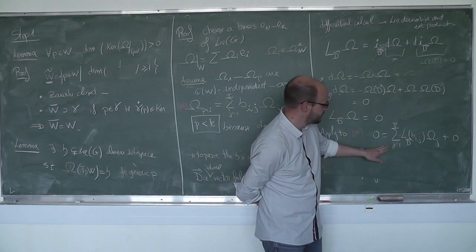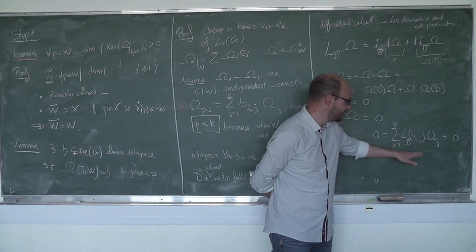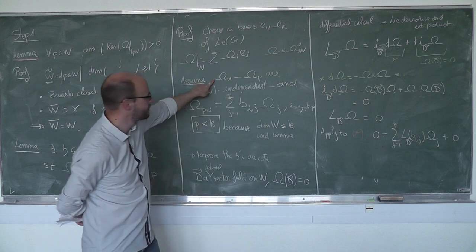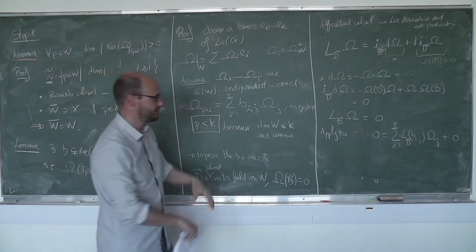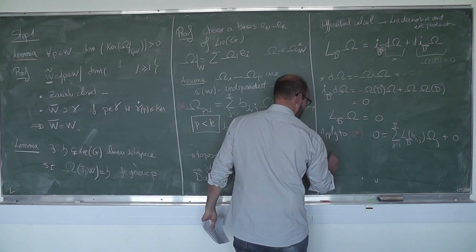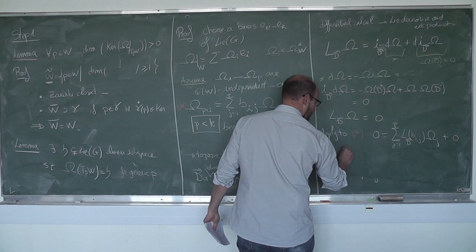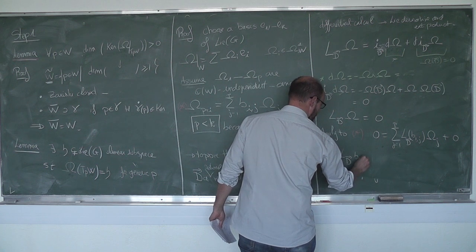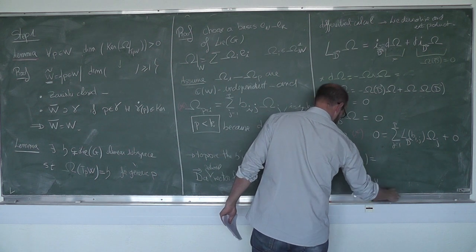So what you get is a relation which has this shape here. You assume your first forms are independent. So this implies that L_D of b_ij are all 0.